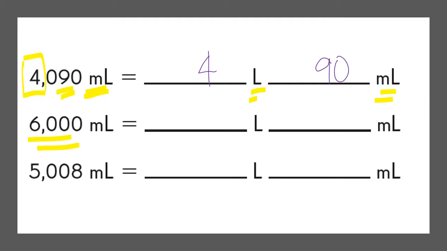You don't need to put anything in the milliliters because there's nothing left over. So the correct response for this one would just be 6 liters. On the third one, we have 5,008 milliliters. So you're right that the 8 milliliters just sits over there, and 5,000 milliliters gets converted to 5 liters.